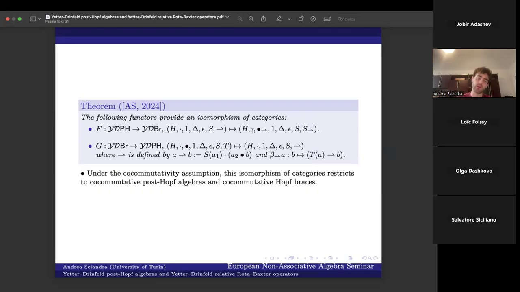On the other hand, if we start with the Drinfeld brace, we just keep the first structure and we define the action in this way here, which has convolution inverse given by this, so using the antipode T. So these two functors give an isomorphism of categories, and if you assume cocommutativity, this isomorphism in fact restricts to an isomorphism between cocommutative post-Hopf and cocommutative braces.